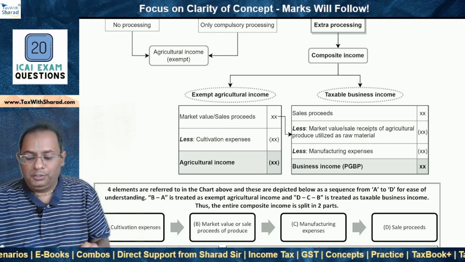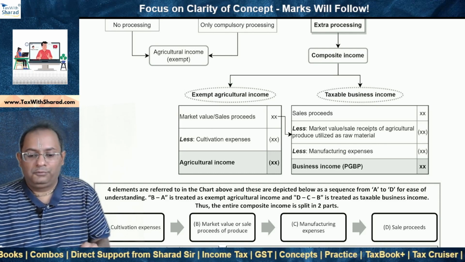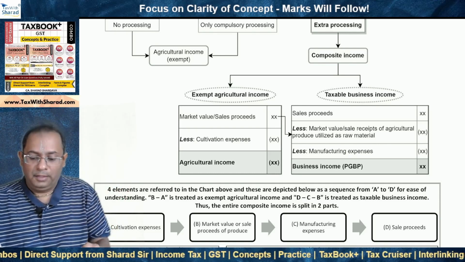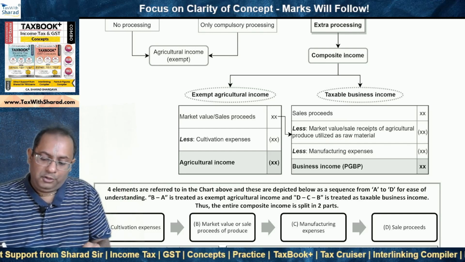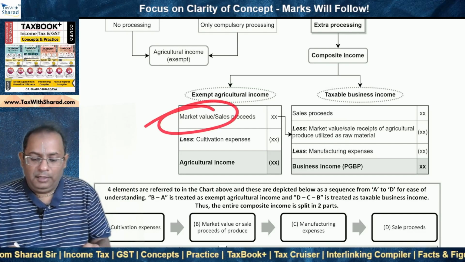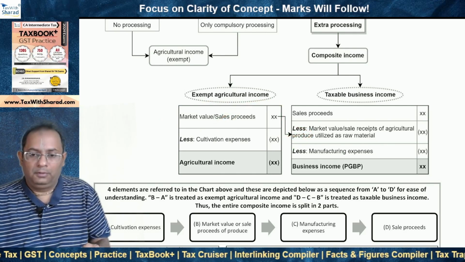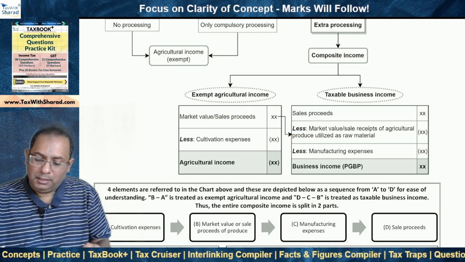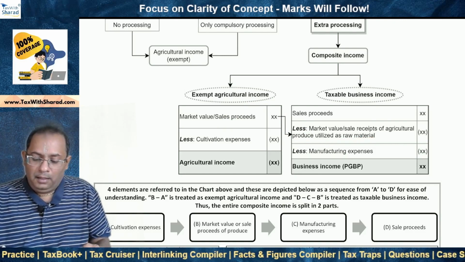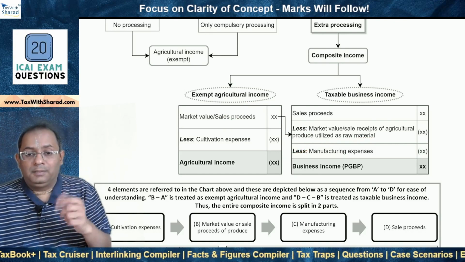What is the input or the raw material in this case? For manufacture of sugar, it is sugarcane. Okay, so what will the cost be? It should be market value. The same market value that we took here should be reduced as the cost of input or the cost of raw material. Okay, what else? Manufacturing expenses.